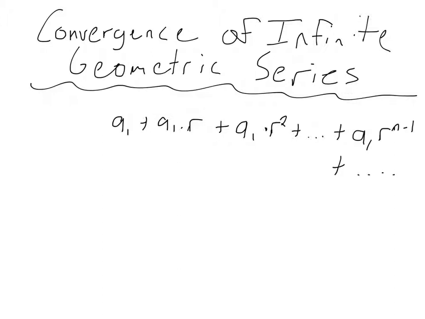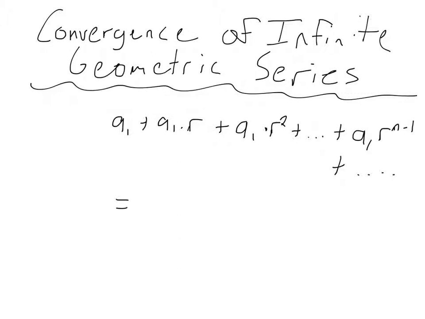That indicates that we're going to keep on going forever. With infinite geometric series, it's clunky to write out all the terms or show the pattern with the dot dot dots. If we want a closed form version, we can use sigma notation.